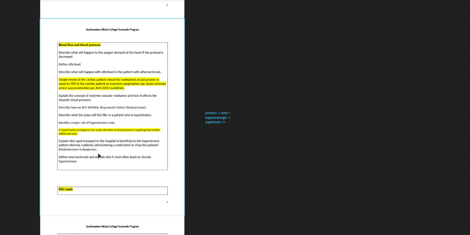When we administer these strong drugs that are going to drop their blood pressure, we're really doing damage to the kidneys and the renal system, and could potentially cause lots of other organs to become damaged as well.